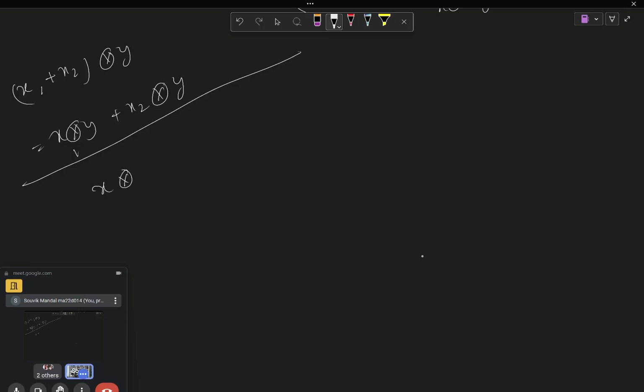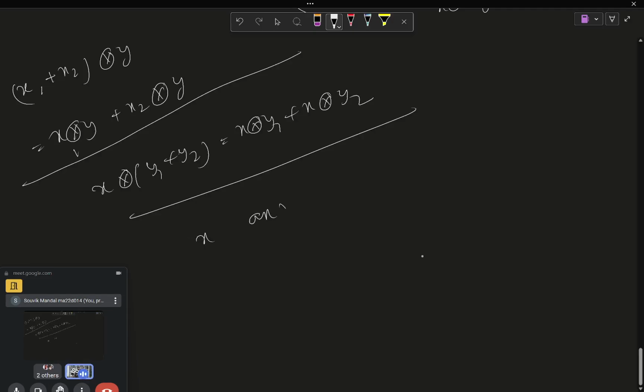Second relation is x tensor (y1 plus y2) equals x tensor y1 plus x tensor y2. Third is (ax) tensor y equals a times (x tensor y) equals x tensor ay.